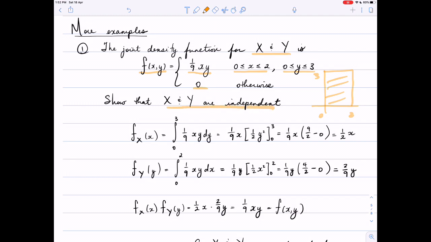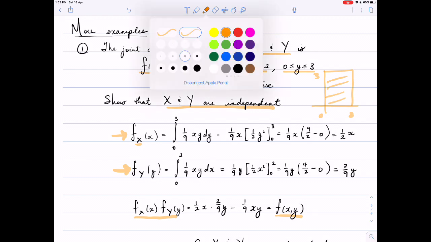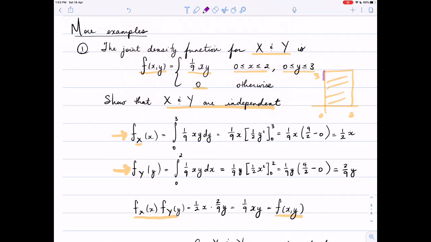So we need to calculate the two marginals, take their product, and show that it is equal to the original density. If we calculate the marginal for x, then we are integrating out the y. So we are integrating over the range for y, from 0 to 3.